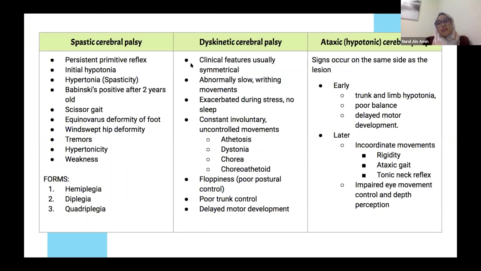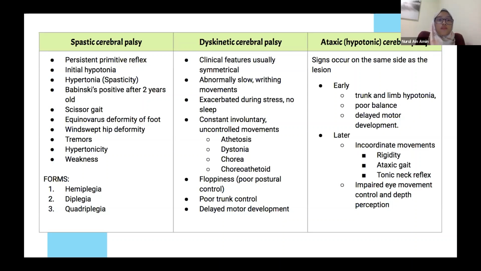Okay, next, there are different symptoms in each type of cerebral palsy. However, since spastic is the most common with almost 70%, one of the most common symptoms that you can see is seizure, gait, you can see persistent primitive reflex, hypotonia, you have a positive Babinski sign.